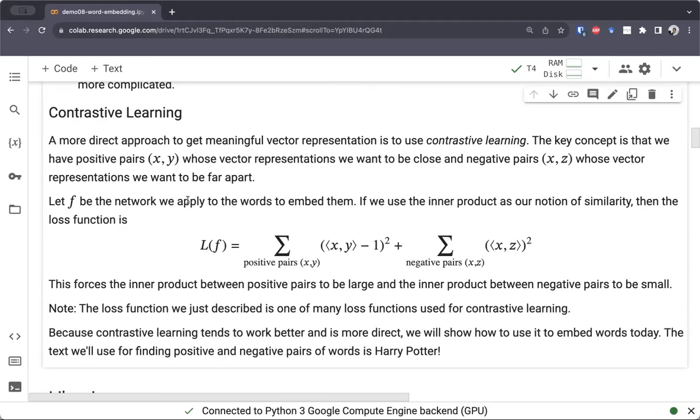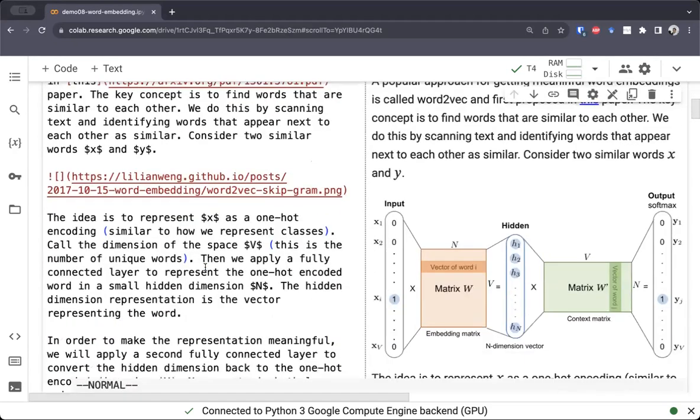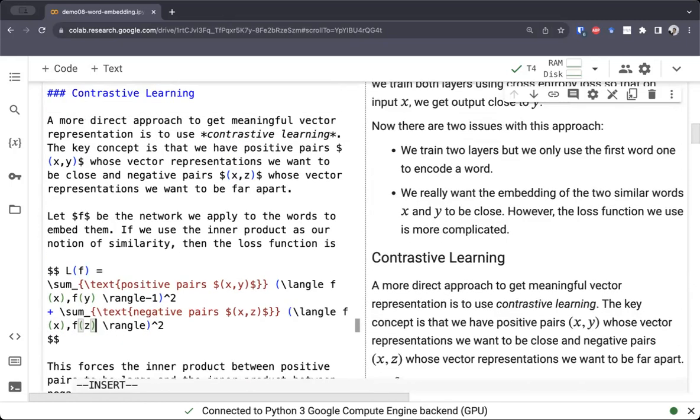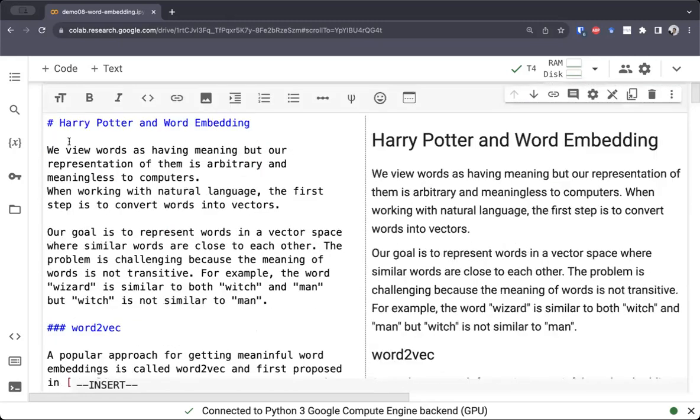Let F be the network we apply to the words to embed them. Let me change this slightly here. This should be F of X and F of Y, because we're really talking about the embedded representations of these words, not just the words themselves.